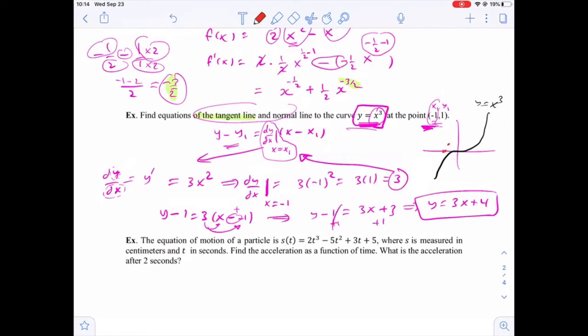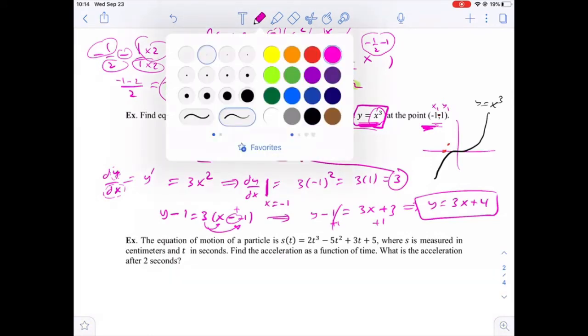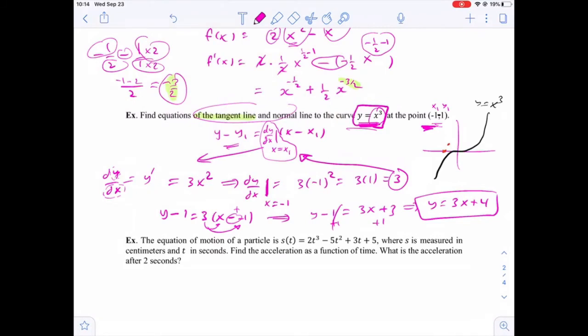This should be negative 1, negative 1. Sorry, there is some mistake here, because when you substitute negative 1, you should get negative 1. So I'm going to change this to negative 1, negative 1, and modify my computations a little bit. Here y1 is negative 1.